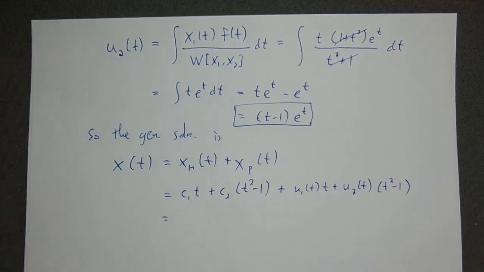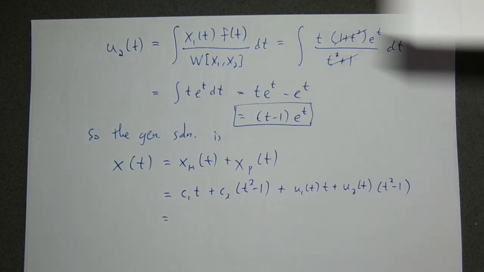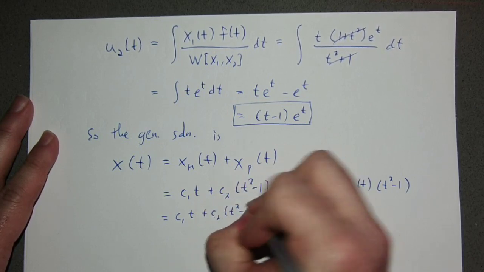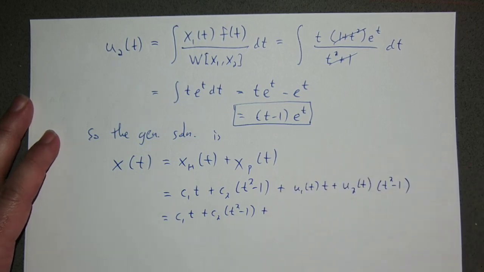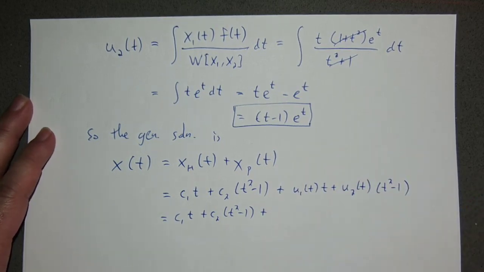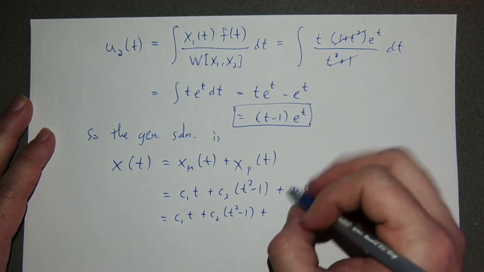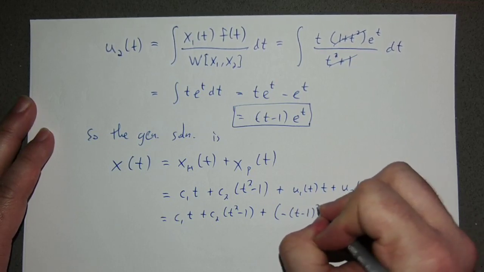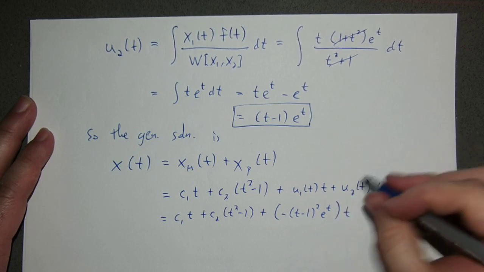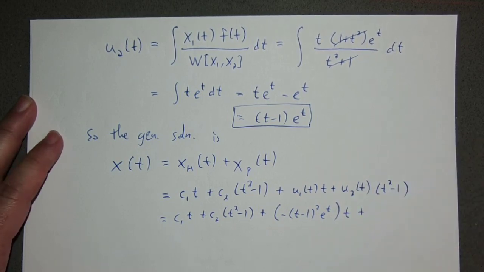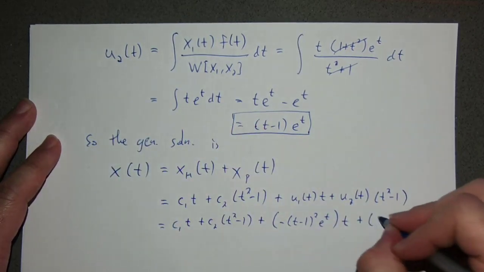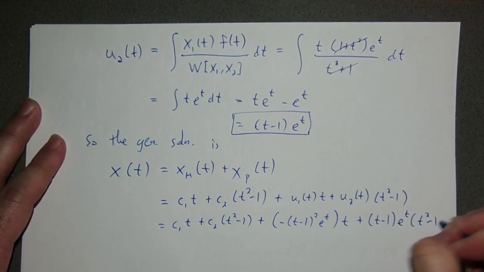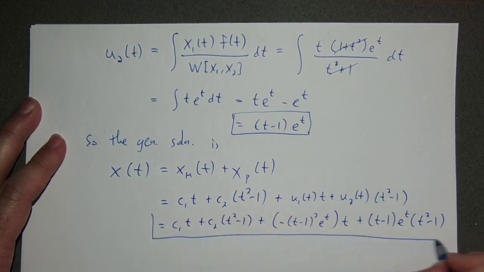So recalling what those were from the computation we did, this is c sub 1 t plus c sub 2 t squared minus 1 plus we found u sub 1 to be minus t minus 1 squared e to the t. This should really be a minus, but I'll put it here. So this is minus t minus 1 squared e to the t times t plus here u sub 2 is t minus 1 e to the t times t squared minus 1. And that's not the prettiest way of writing that, but that will work.